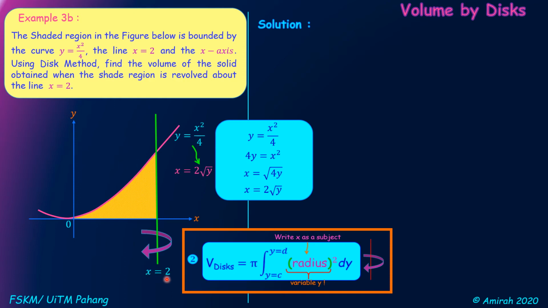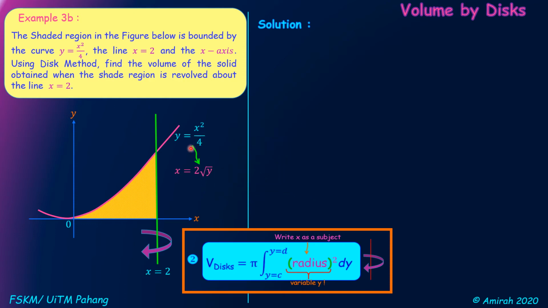When x equals 2, we have 2 squared over 4, so we get y equals 1. So this is our upper limit and lower limit on the y-axis.